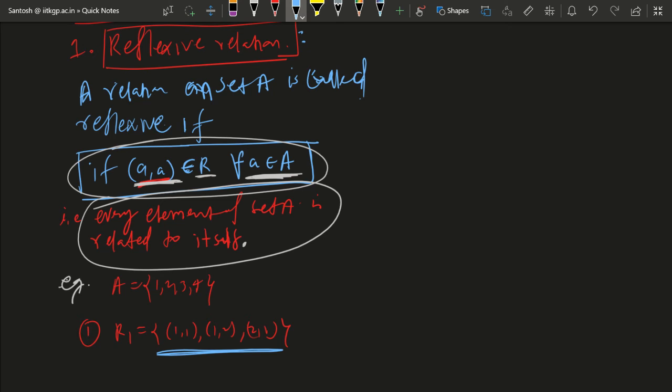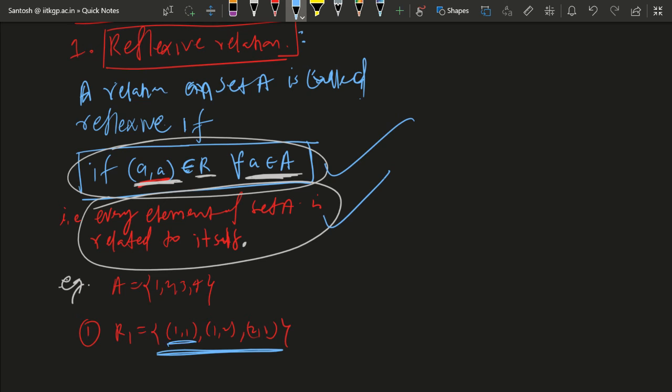No, sir. Why? The answer is right. Why do you think so? Justify. There is no 2 2. Right, so 2 is not related to 2.